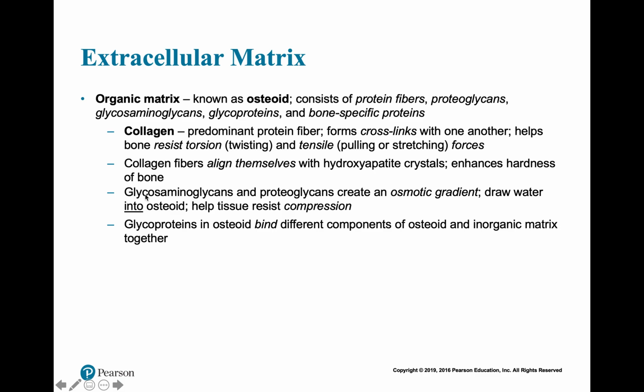Remember the charges, they draw water into the connective tissue. They do the same thing in bone. So these organic matrix substances will draw water into the bone, and that helps bone resist compression, all right? The collagen, which is the predominant protein fiber of the organic osteoid, right?